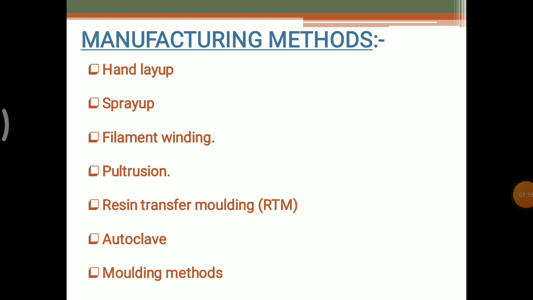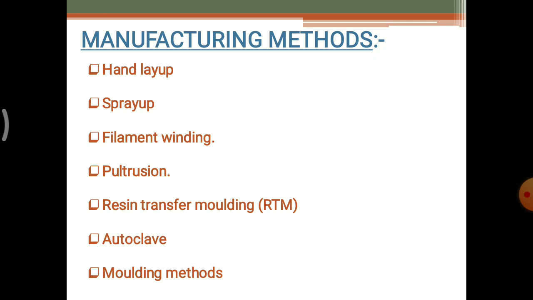In the earlier lectures we have already discussed different types of manufacturing methods: hand layup, spray layup, filament winding, pultrusion, RTM, that is resin transfer molding, and autoclave.